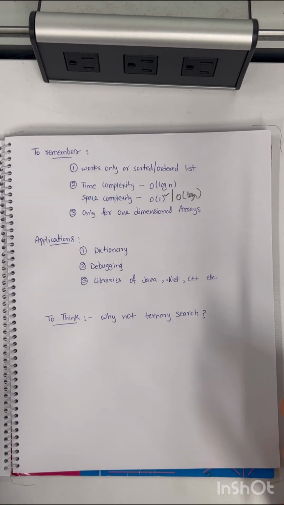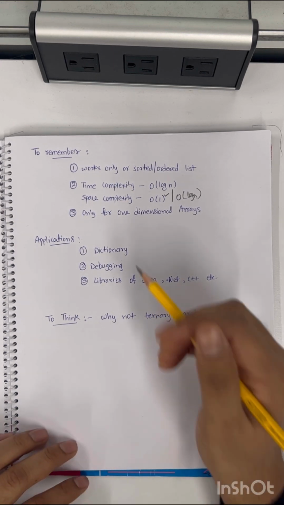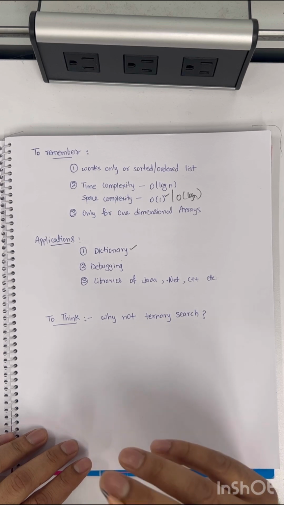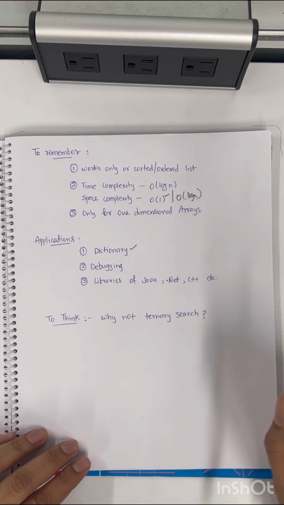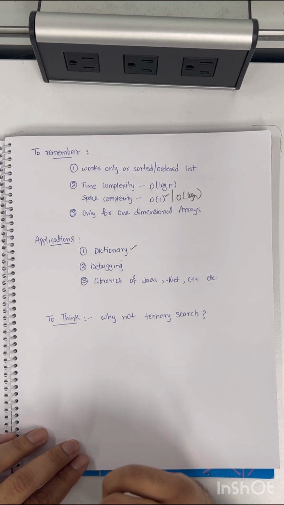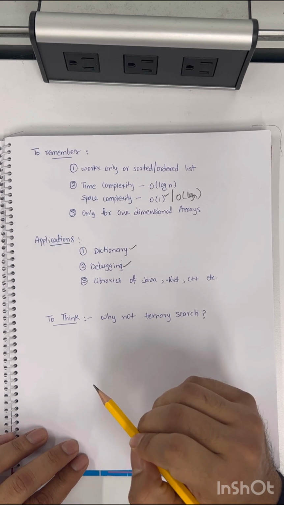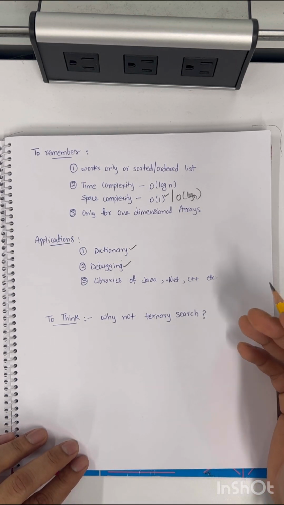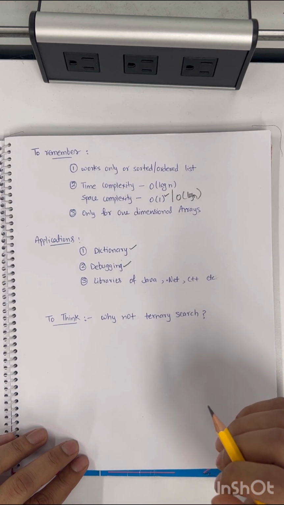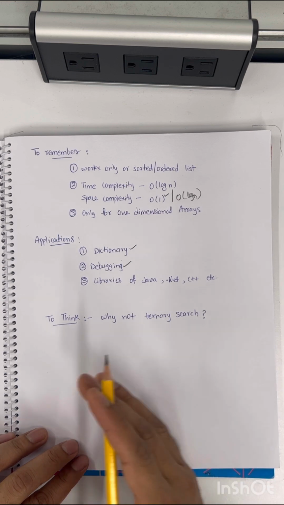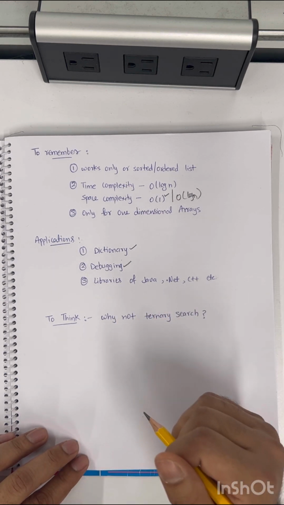What are the applications of binary search algorithm? The first application is dictionary. Just like a phone book, a dictionary also has all the words sorted alphabetically. So when we need to find any word, we can use the binary search algorithm and find the word very efficiently. Next is debugging. So in all the high level languages like Java, C or C++, when you encounter any error, the system itself uses binary search algorithm to find out the line where the error occurred.